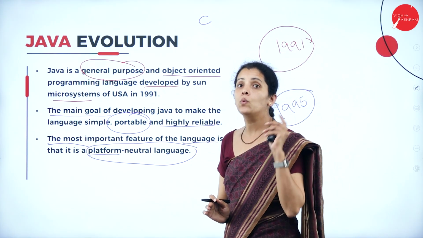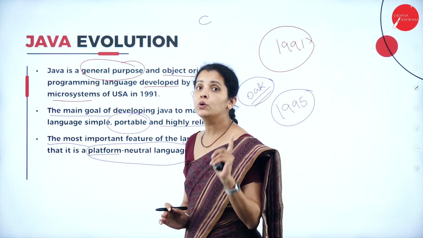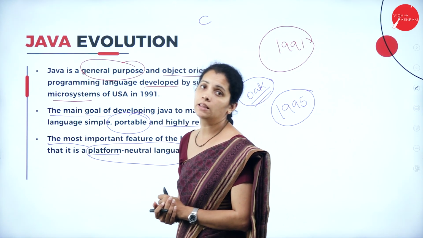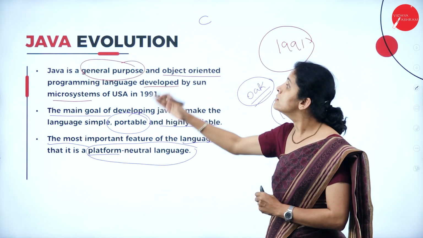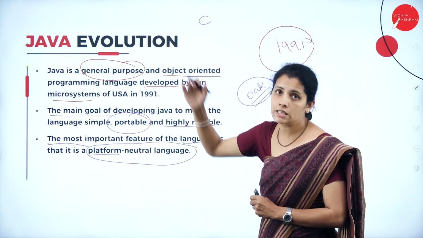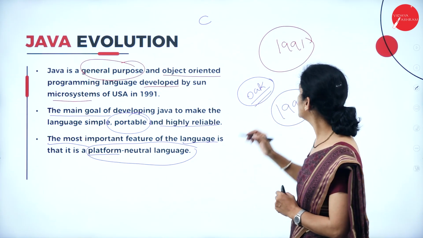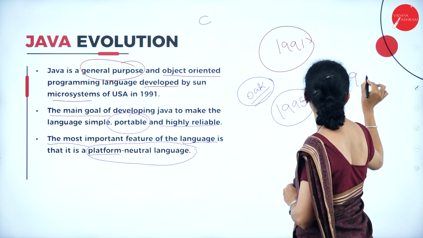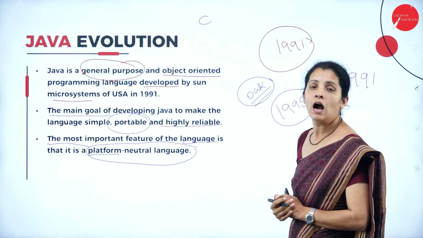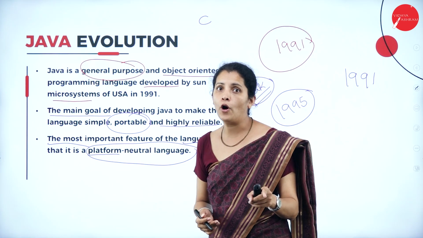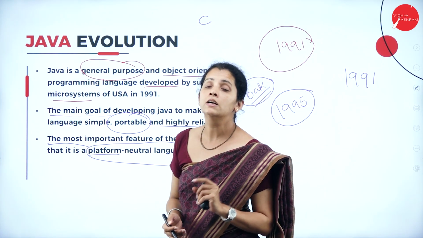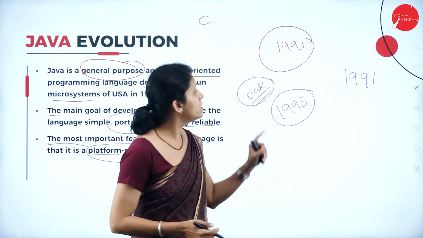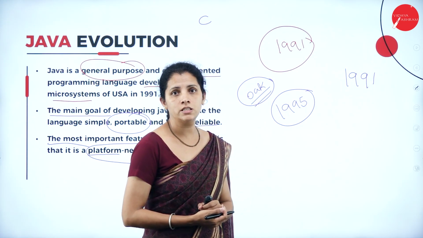Now, tell me what are the points you have to remember here, that is when this Java came into the picture, that is in the year 1991. After that, which point you have to remember, that is who is the father of this Java?